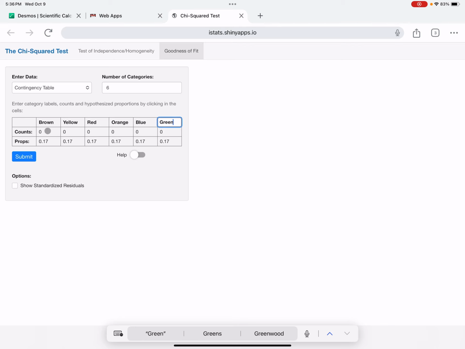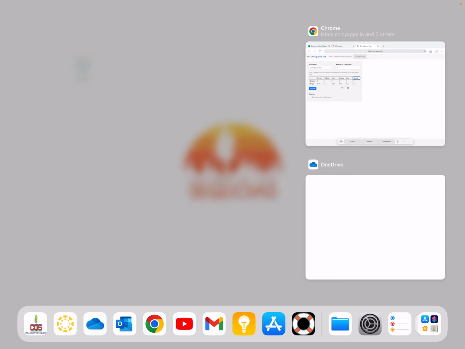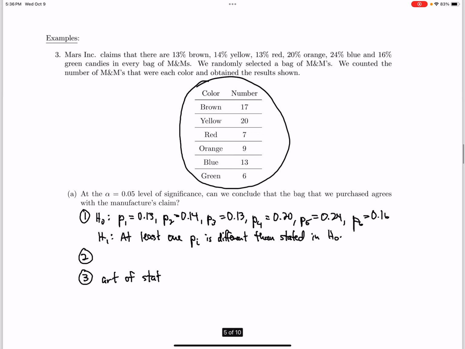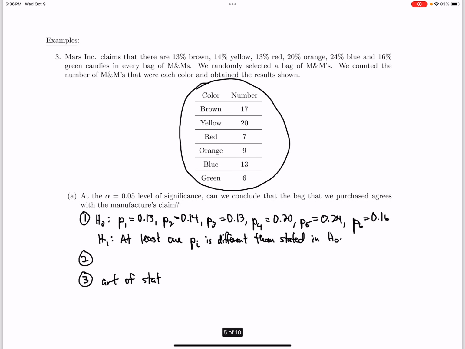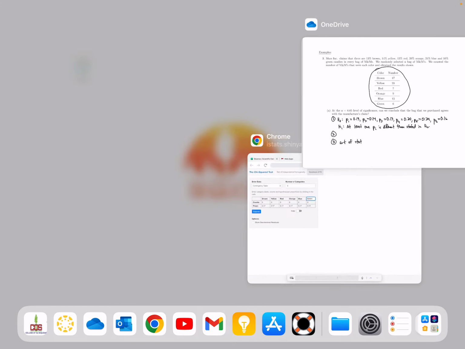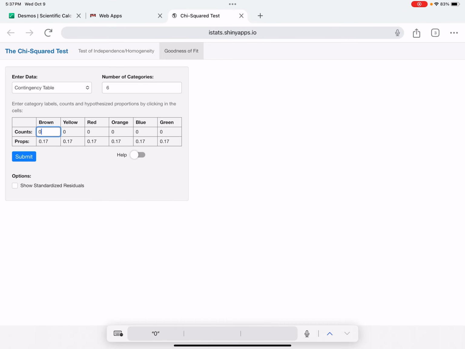Now, in this row where it says counts, this is where we're going to put our observed counts, right? This would come from the table in the notes, from this table that I circled. So we're going to enter those numbers for our counts.